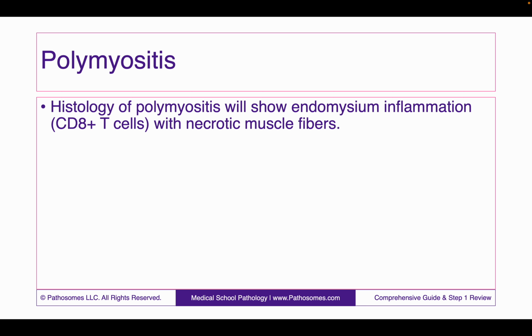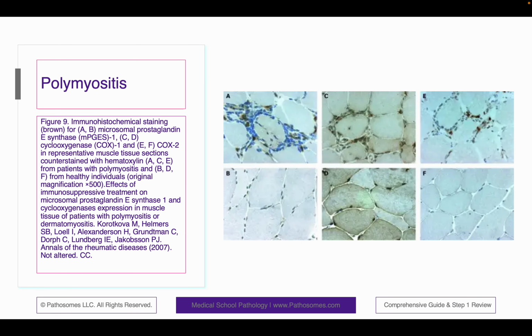Histology of polymyositis will show endomysial inflammation, CD8 positive T cells with necrotic muscle fibers. And here we can see various panels showcasing various muscle fibers. In A in particular, we see the microsomal prostaglandin E synthase, right? These are stains that you will not be asked about.